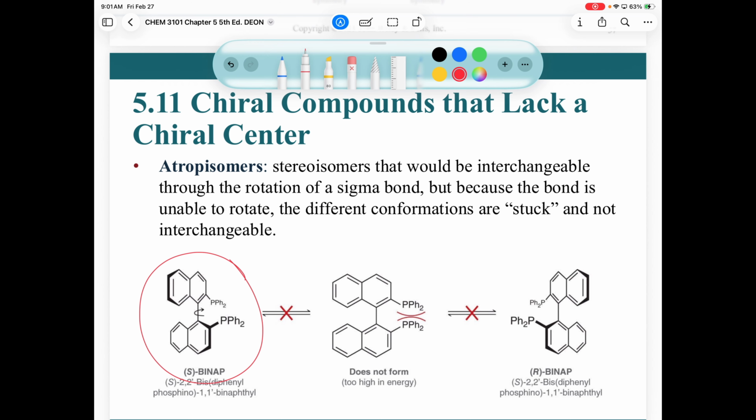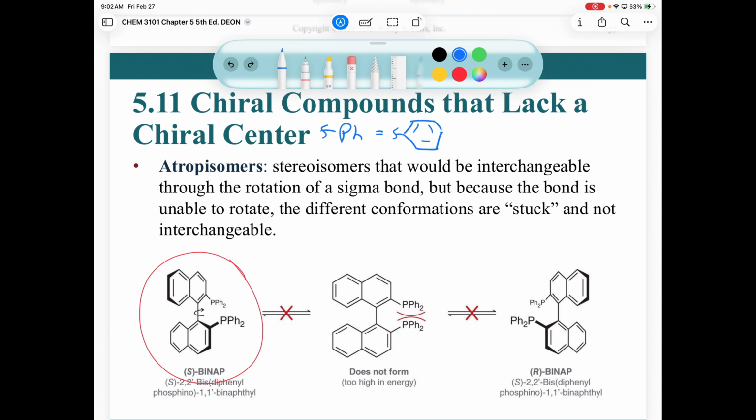However, the Ph stands for phenyl, so it stands for an aromatic ring attached to something. So this is a phosphorus with two phenyl groups attached to it, so it's big. This is another phosphorus attached with two phenyls.